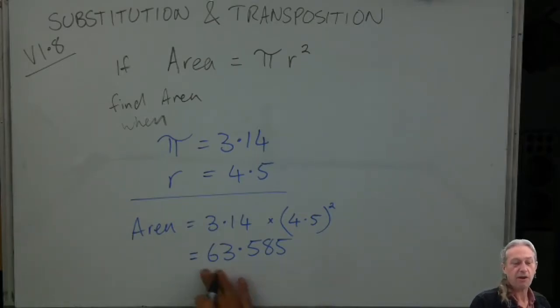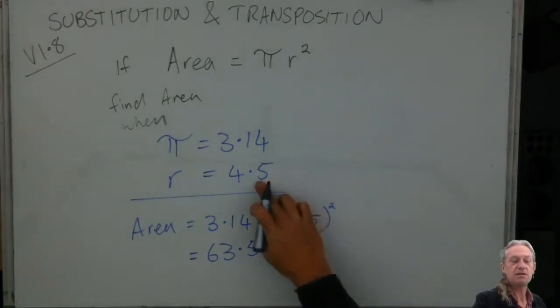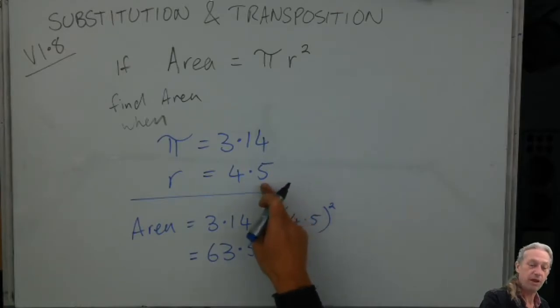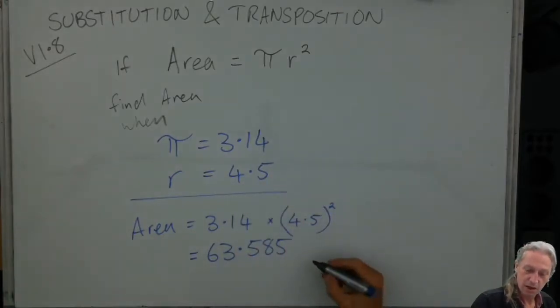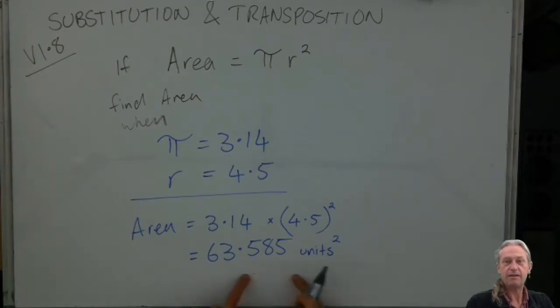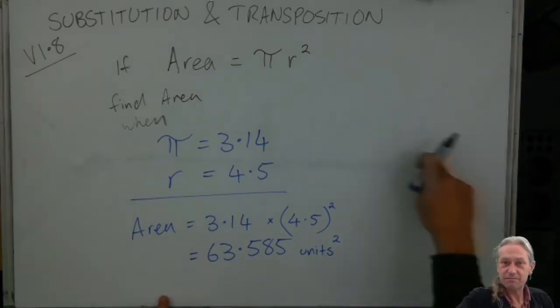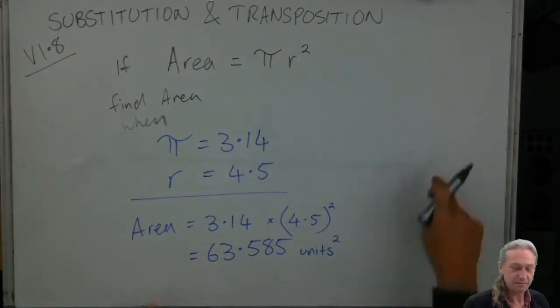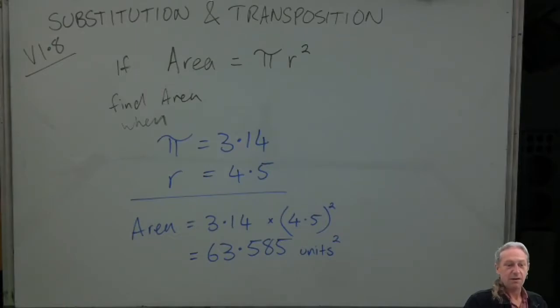Now, because it's an area and we don't know if this is centimeters or meters or kilometers, I'm just going to say units squared. Length is just the units, but when we're talking area, it's squares. So that was pretty easy.